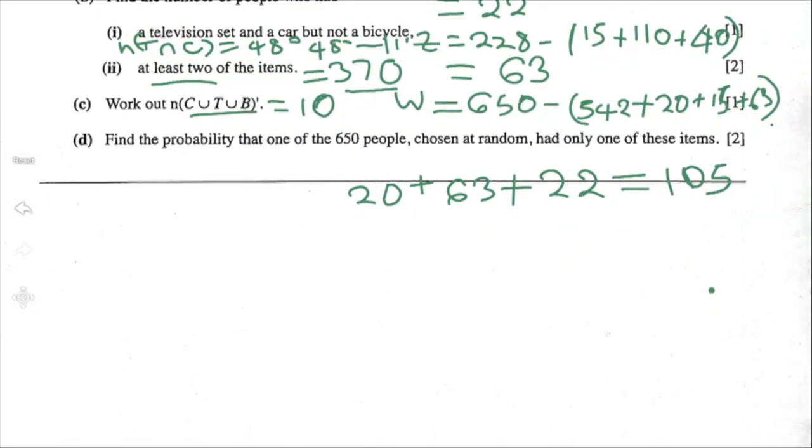Then we can find the probability that the person chosen at random amongst the 650 had only one of these items.